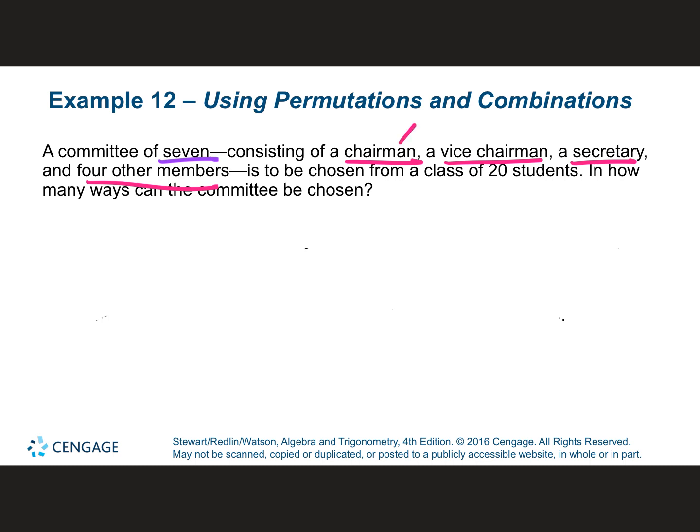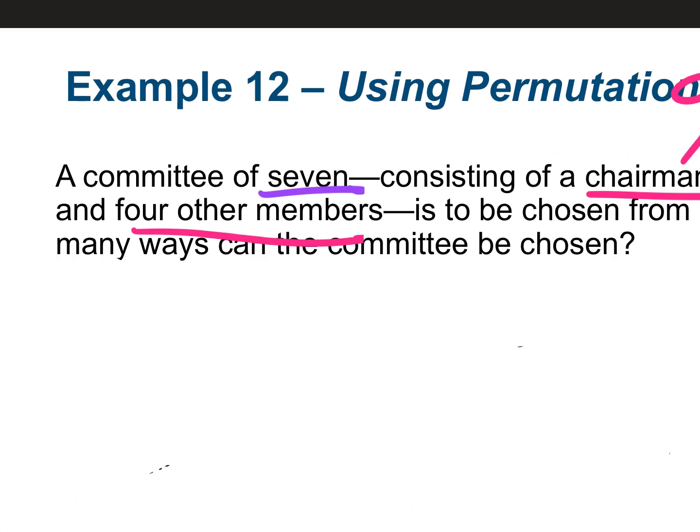So you have different jobs that are happening here. They're to be chosen from a class of 20 students, and how many ways can the committee be chosen? So you have a total of 20 students to choose from. So that number that you're going to start with is 20.